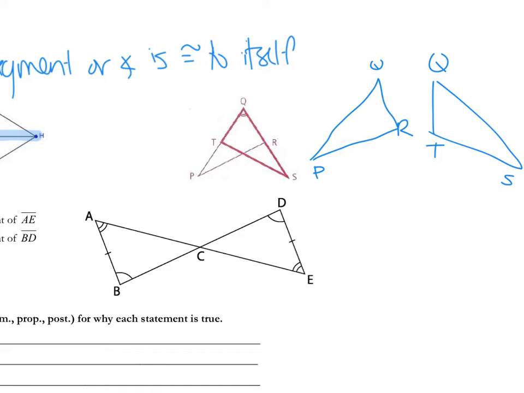Now you have to be careful to not just say angle Q is congruent to angle Q, since it's shared by multiple vertices. So we're going to say angle PQR is congruent to angle SQT. So it's the same angle. It's represented by the same vertex, so you could use the reflexive property here.